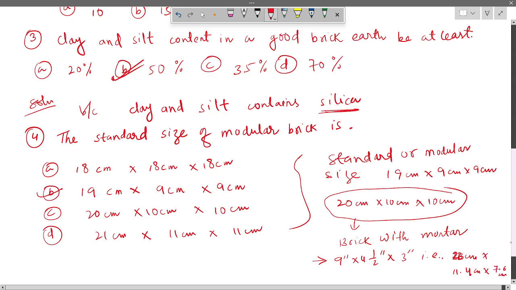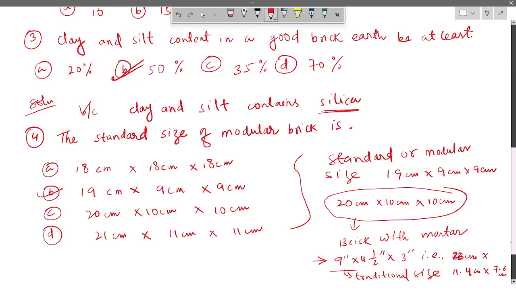So this size is the traditional size of the brick. This is called traditional size: 23 centimeter by 11.4 centimeter by 7.6 centimeter. Okay, note it down.